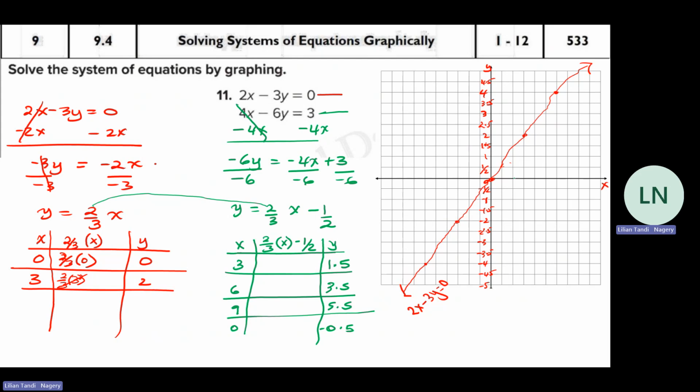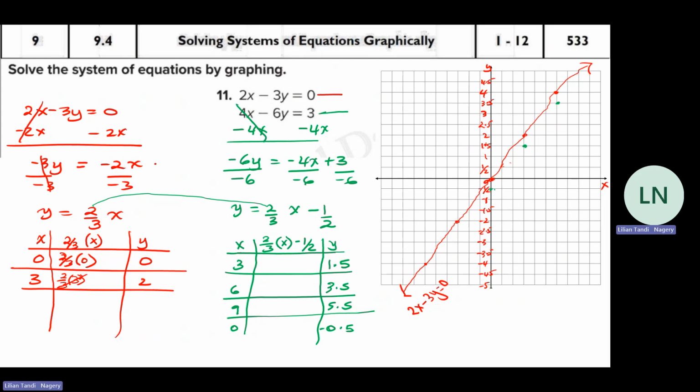So 3 is here and 1.5 is here. 6 is here, and I need 3.5 here. 0 with negative half, which is here.